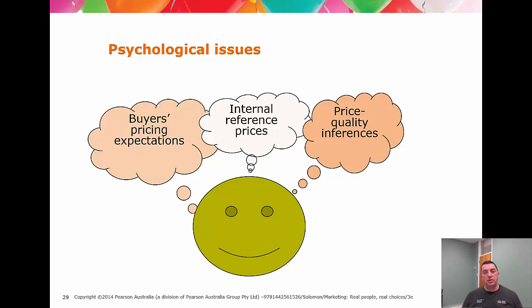Internal reference prices: people have a ballpark idea of what they should be paying for a product based upon prior and past experiences in the product category or similar products. And price quality inferences come about because of the brand. For example, we would not expect to pay $29,990 drive away for a Ferrari. In fact, we probably wouldn't even ask the price because of how much they cost, because we draw an inference from the brand itself.